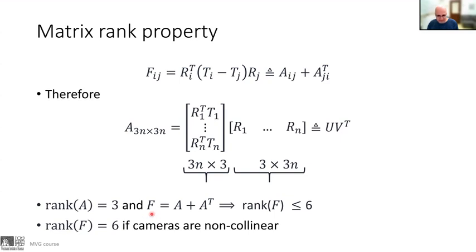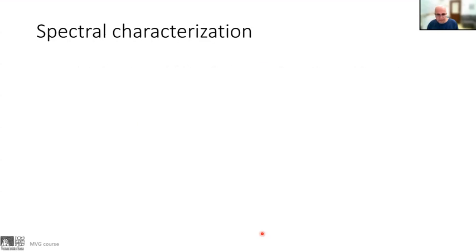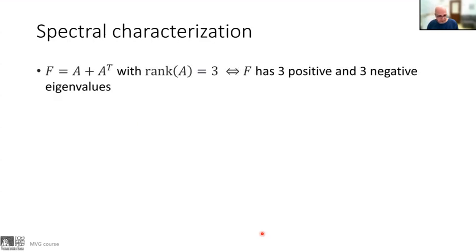And since F is A plus A transpose, it must be of rank at most 6. And it turns out, and we proved that the rank of F is exactly 6 if the cameras are non-collinear. I hope this is clear.